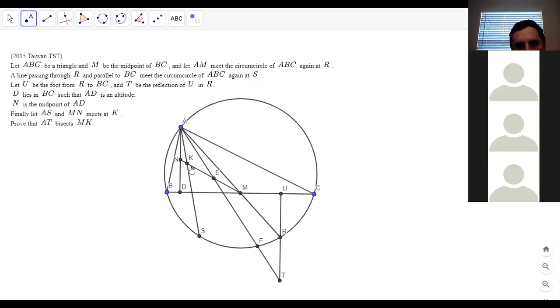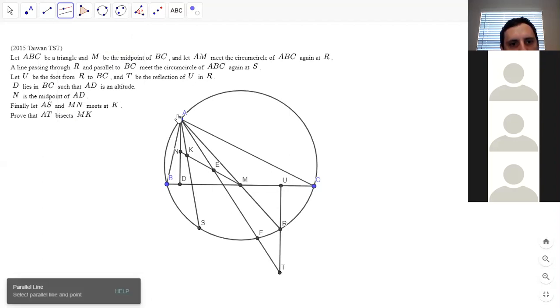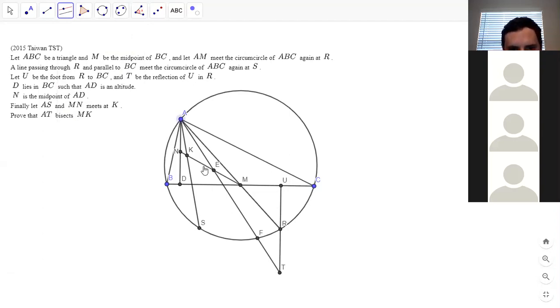Or we could take K, E, and M and project them onto the circle. So we'd get RFS, and then we'd have to draw the parallel. Maybe there's a better way. Yeah, maybe we could do N, K, E, and M instead.